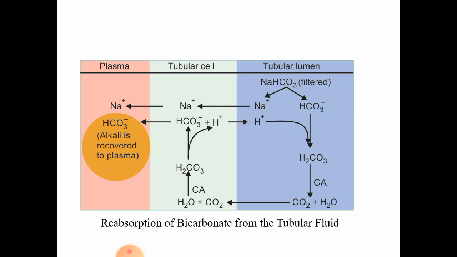The carbonic anhydrase enzyme present in the tubular lumen helps break down the carbonic acid into carbon dioxide and water, which reaches the tubular cells. So the second figure explains the reabsorption of bicarbonate from the tubular fluid.